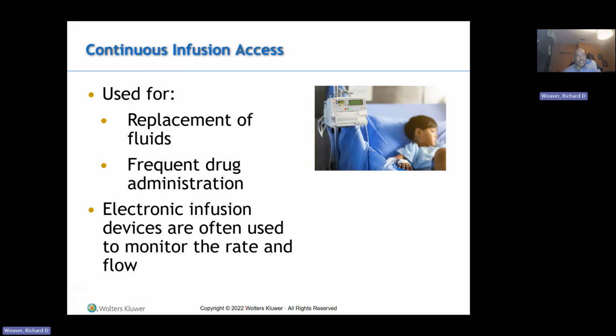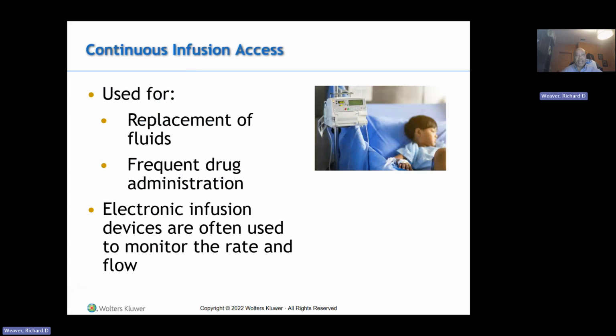I can keep just switching it out instead of having to go to that INT on the previous slide and keep flushing it before and after. I don't like to do all that. I prefer to just hang an IV fluid solution, normal saline, which matches our body's internal plasma. It's an isotonic solution. It doesn't really hurt the patient at all. So I would just keep something like that going.